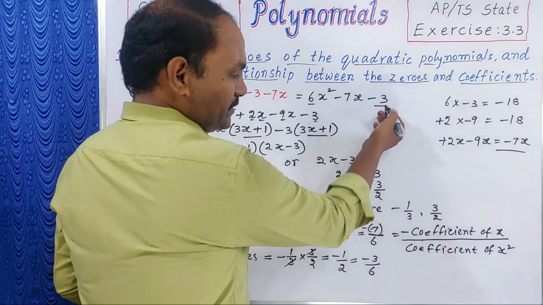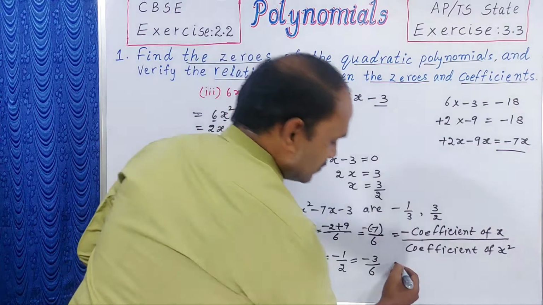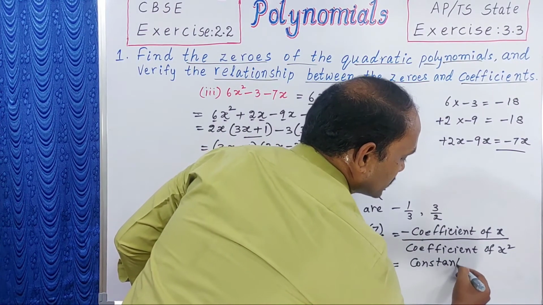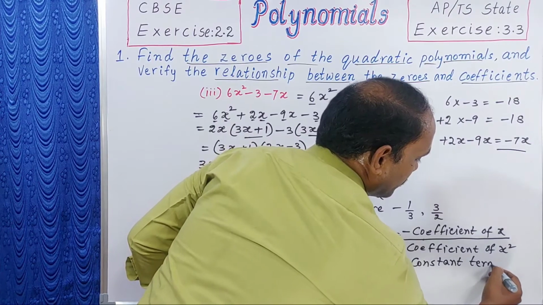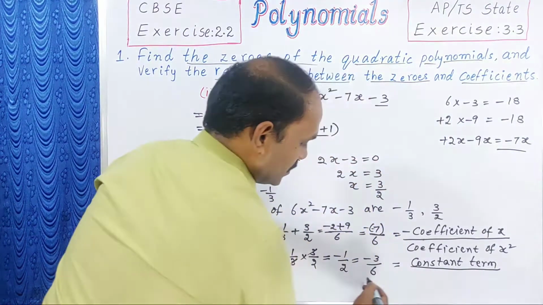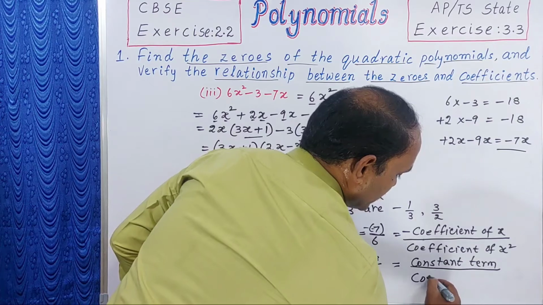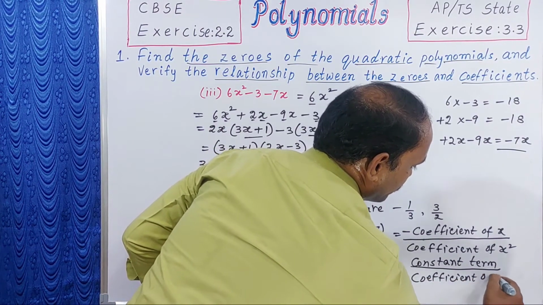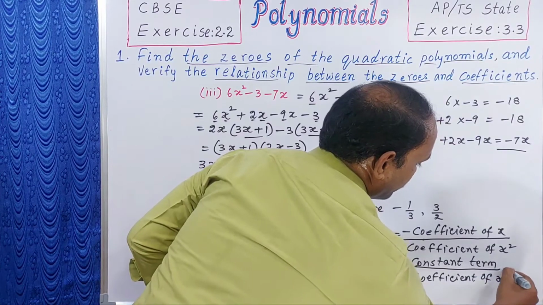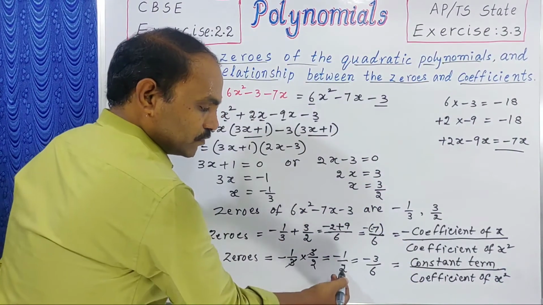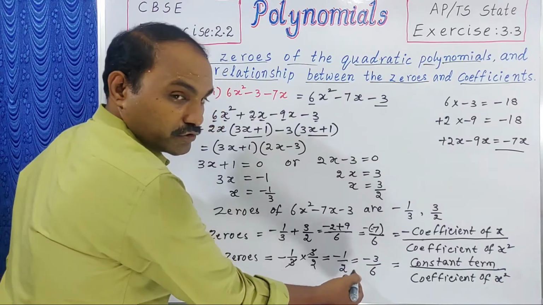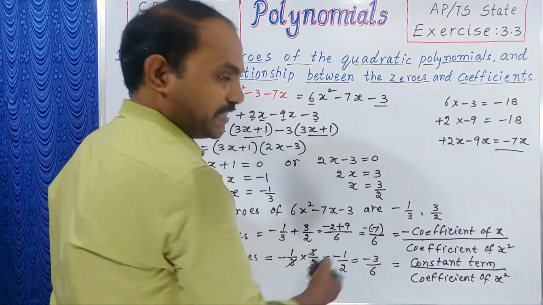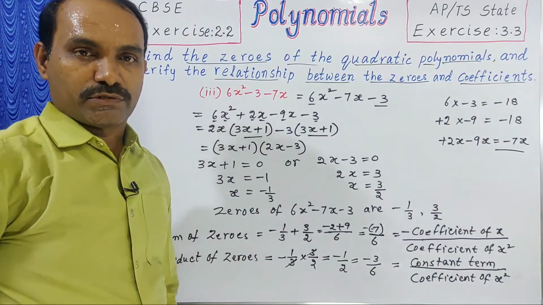Then minus 3 is the constant term. Constant term by 6 is the coefficient of x square. Here 1 by 2 into 3 by 3, you should multiply numerator and denominator with 3. Then you get minus 3 by 6. Is it understood?